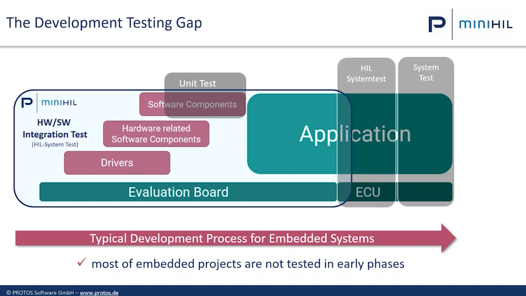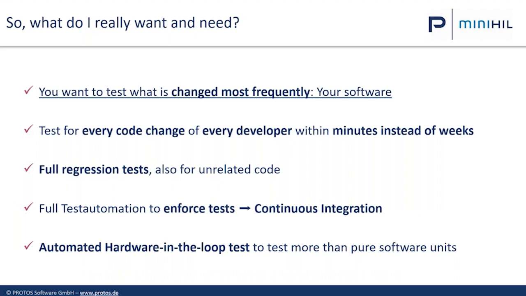In most embedded projects, in those phases, for a very long time they are not tested in a structured way. So what do I really want and need? What I really want is to test what is changed most frequently, and that's your software. It's not the hardware.